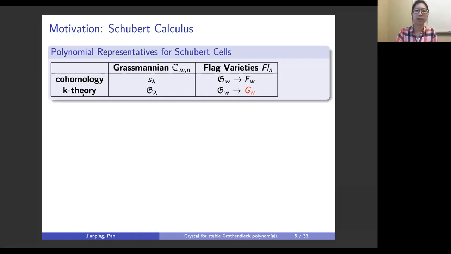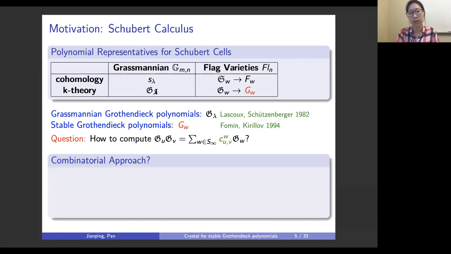If instead of ordinary cohomology you take the K-theory of the Grassmannian, you get the Grassmannian Grothendieck polynomials. And if you take the K-theory of the flag varieties, you will get the Grothendieck polynomials, which is what we're talking about today.